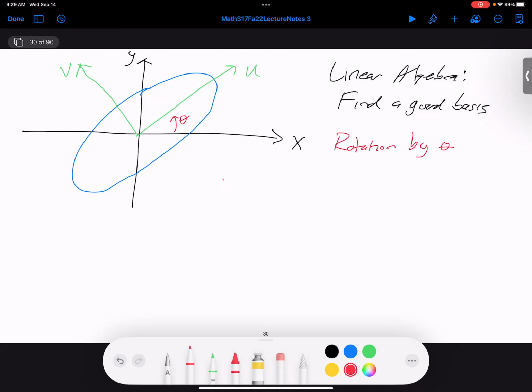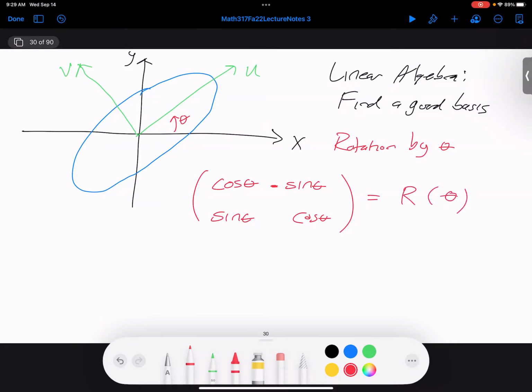So if I take the matrix cosine theta, sine theta, sine theta, cosine theta, this is wrong, but just give me 1 second to think how I want to fix this. I'll do it this way. So if I take this matrix, this is called R of theta.